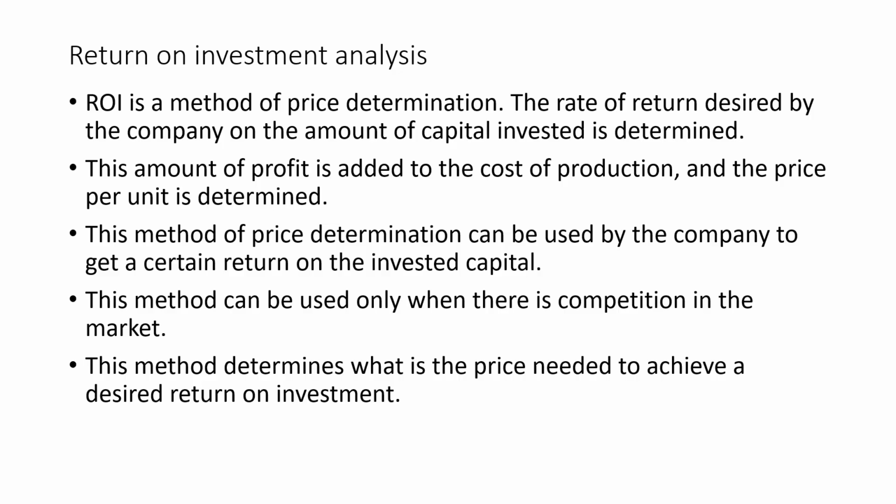So in this method, the company can come to know the desired return they will get on an amount which has been invested by the company. This ROI method can be used only when there is competition in the market. When there is zero competition in the market, you cannot calculate ROI on your capital which has been invested. So this ROI method helps you to determine the prices of your industrial products.